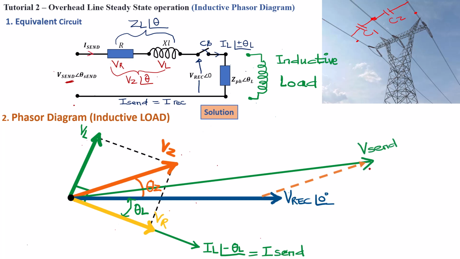So the V sending end voltage will have an angle theta sending. This is going to be theta sending in reference to the receiving end voltage, and between the load current phasor and the sending end voltage phasor, we're going to have an angle there, and this is basically going to be the total angle between them, which is theta L plus the sending end angle.